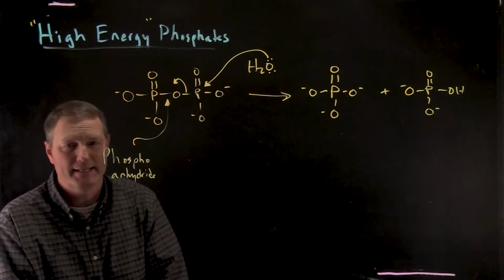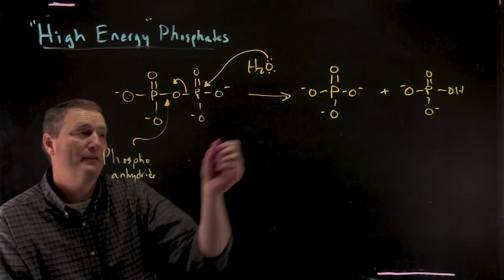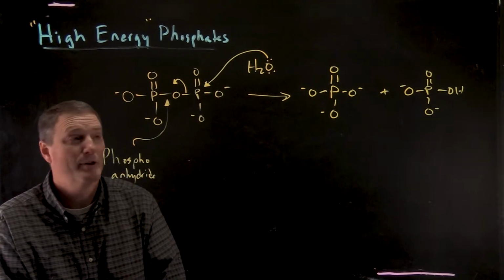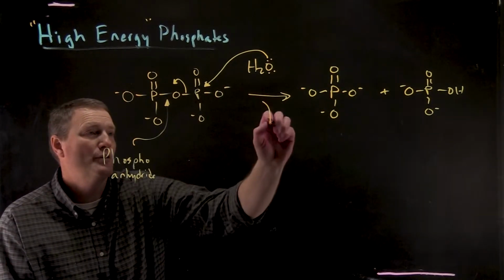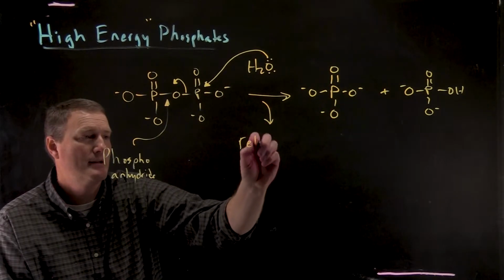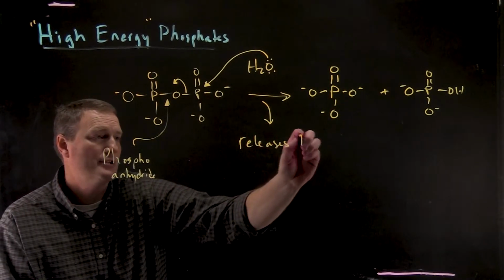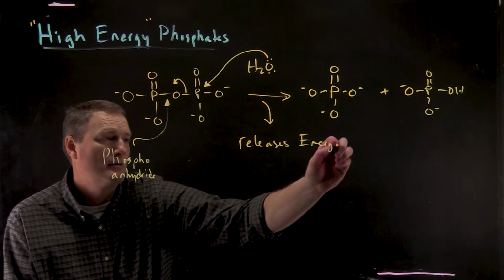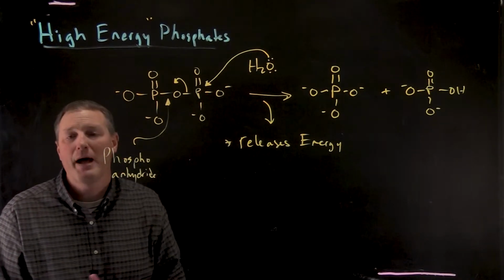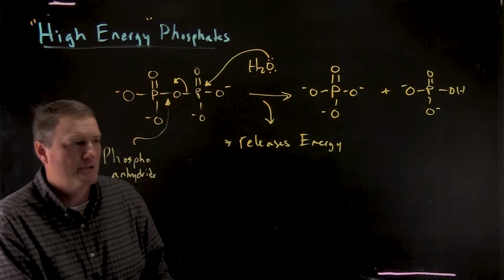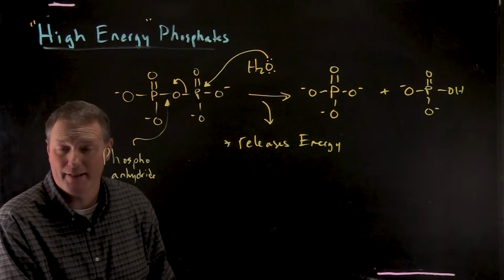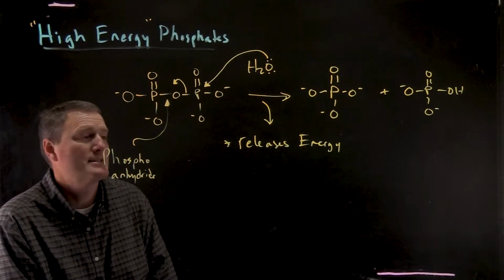When you hydrolyze these types of bonds, that relief of the repulsion energy ends up giving off a considerable amount of energy. So the hydrolysis of phosphoanhydride bonds releases energy. And in chemistry, when we talk about the amount of energy that's produced in a reaction, we typically are going to use the unit of what's called kilocalories or calories.